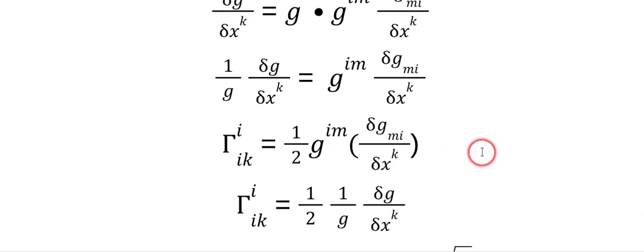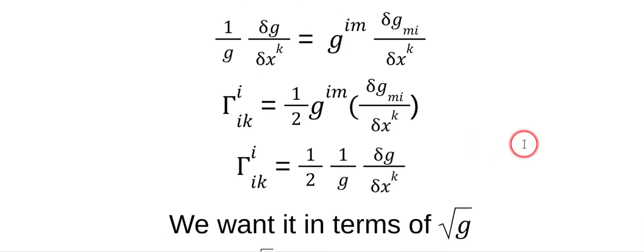Now this is okay, except we want this expressed in terms of the square root of G. This is called the volume element in general relativity, and that's the way we want to express our divergence equation, okay? So let's look at this. What is the partial derivative of the square root of G with respect to a coordinate, all right?